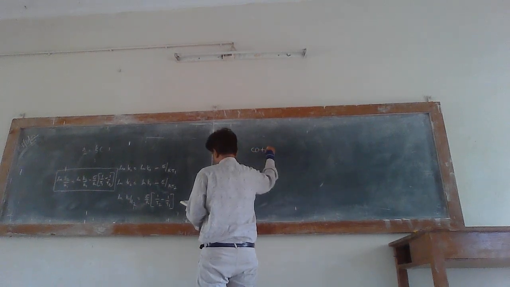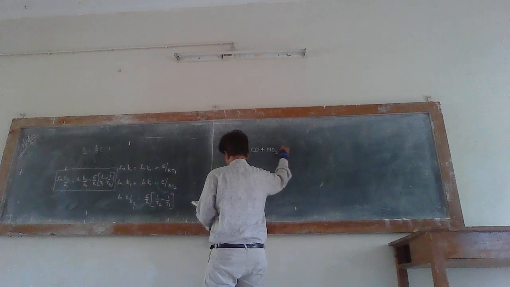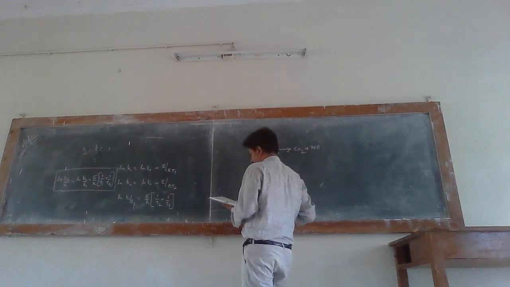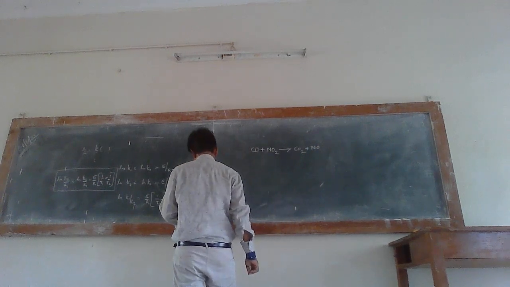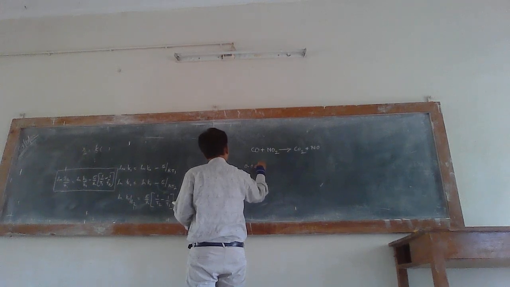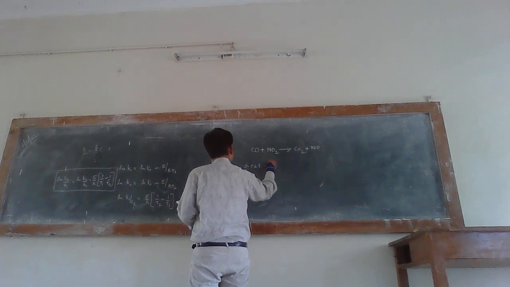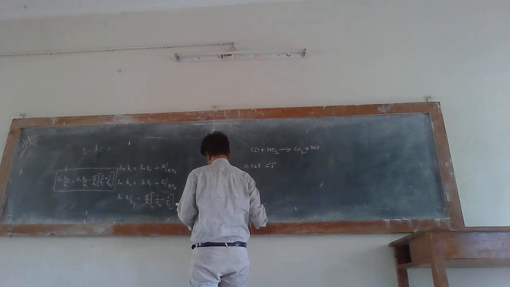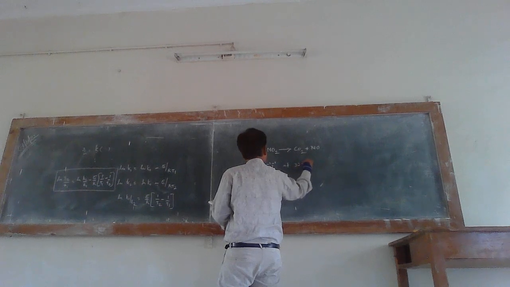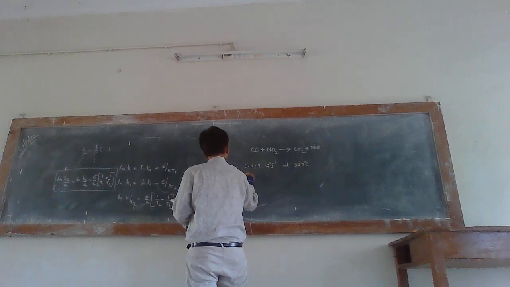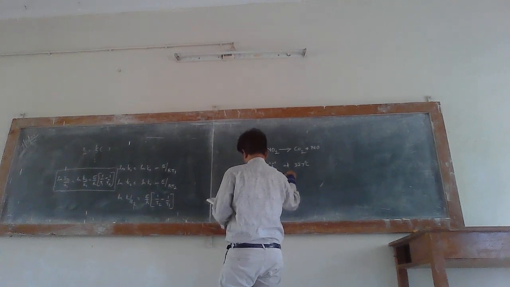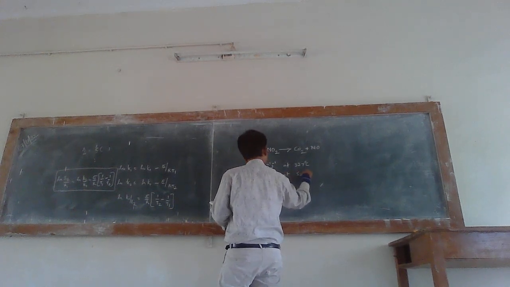The reaction is CO plus NO2 gives CO2 plus NO. The rate constants were found to be 0.028 per mole per second at 327 degrees centigrade and 23 per mole per second at 527 degrees centigrade.